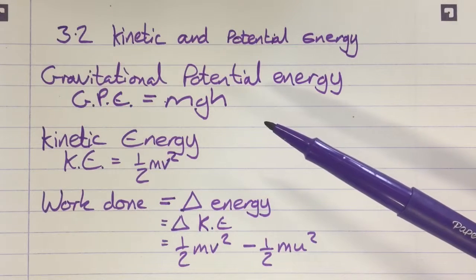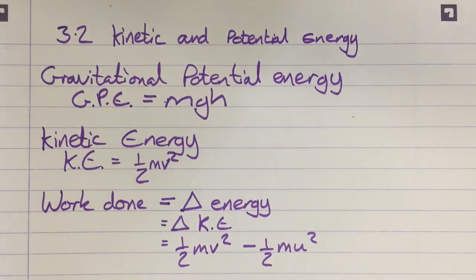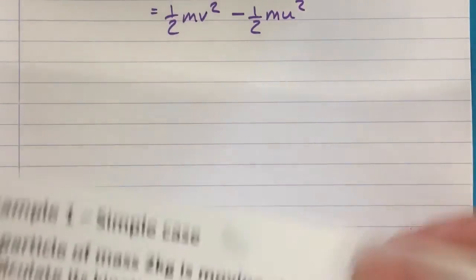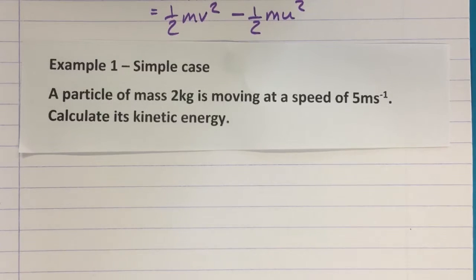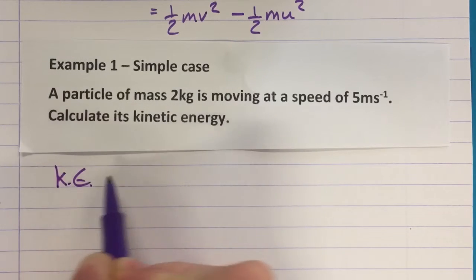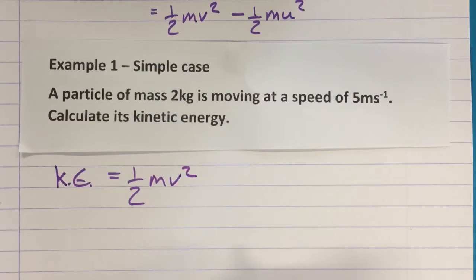Alright, so I'm going to go straight on to looking at 3 examples of how this works. The first one: a particle of mass 2 kilograms is moving at a speed of 5 meters per second. Calculate its kinetic energy. We're just going to jump straight into using the equation that we just talked about. Kinetic energy is equal to half mv squared.